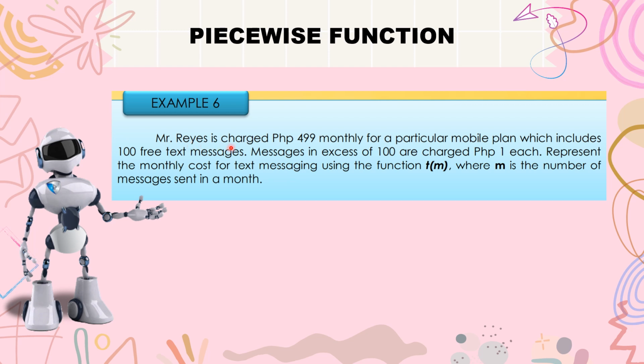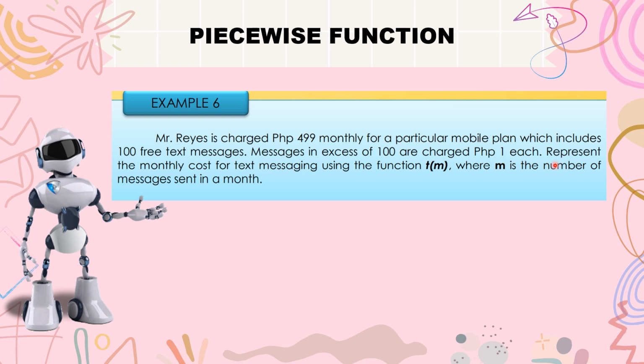Mr. Reyes is charged 499 Philippine pesos monthly for a particular mobile plan which includes 100 free text messages. Messages in excess of 100 are charged 1 Philippine peso each.